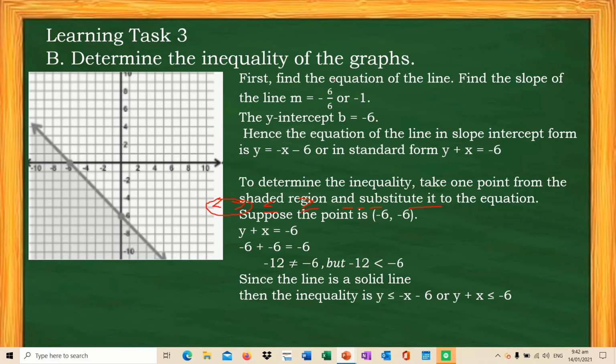Find first the slope. Okay. So, pwede ito yung gamitin nyo para sa slope. O, pwede din ito. Basta siya ay dyan sa line na yan. Okay. So, rise over run. So, let us use this one. Okay. So, 1, 2, 3, 4, 5, 6. Then, run. 1, 2, 3, 4, 5, 6.